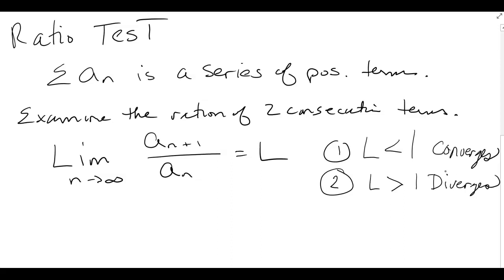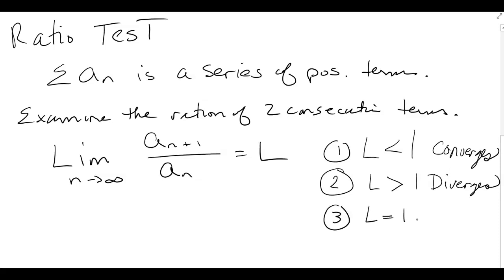The limit being less than 1 means it converges because of how the fraction works; it just has to do with how fast the terms are growing. But here's the issue though.